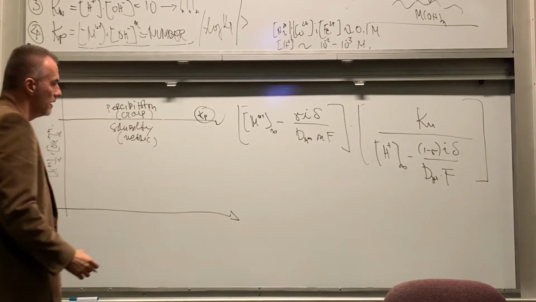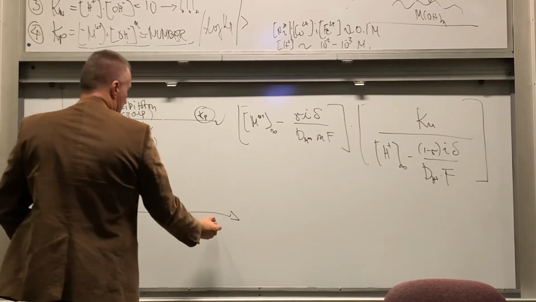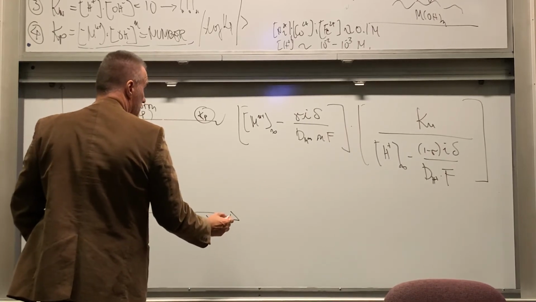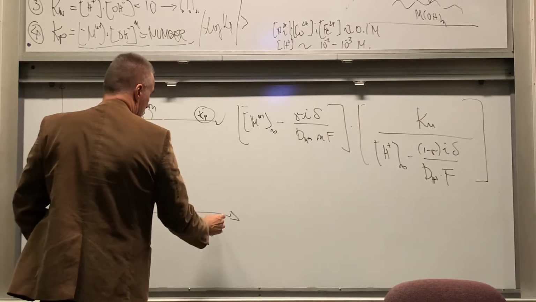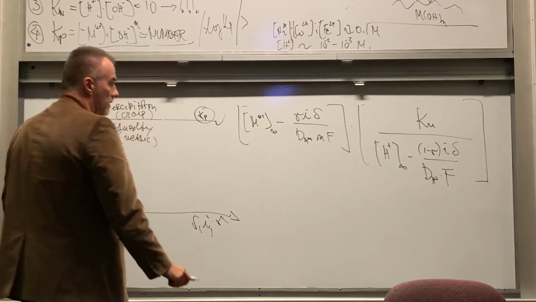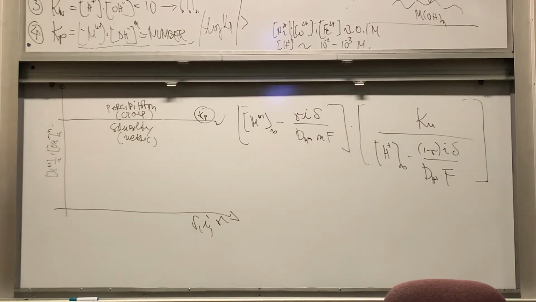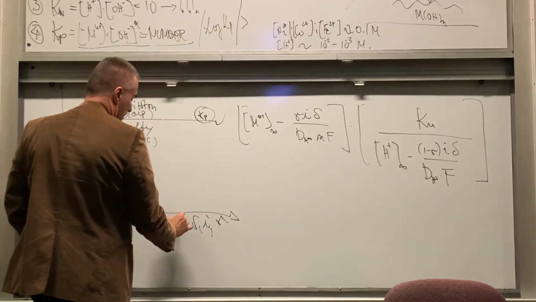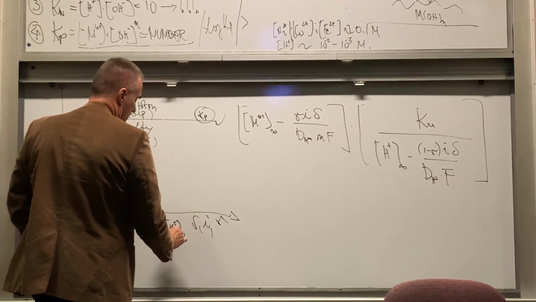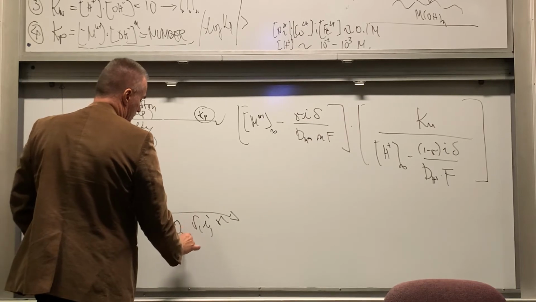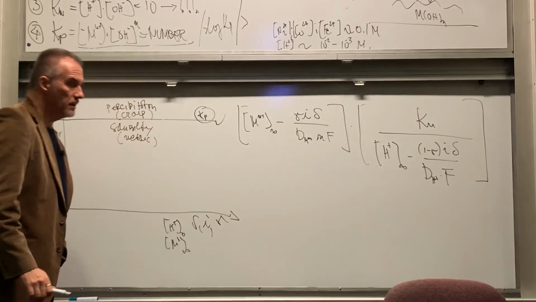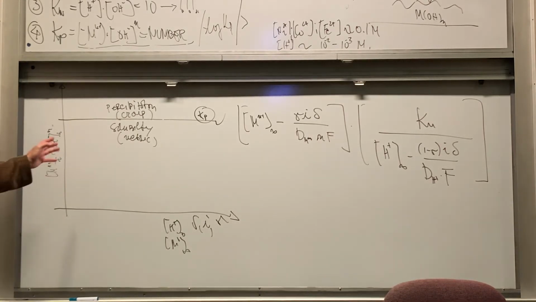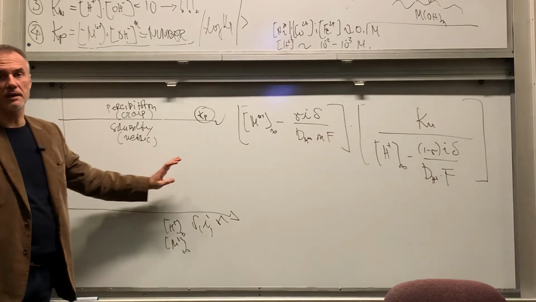So if I put here delta, or current density, or gamma, or even H plus bulk or metal concentration bulk, they all have an effect on how this product is going to look.